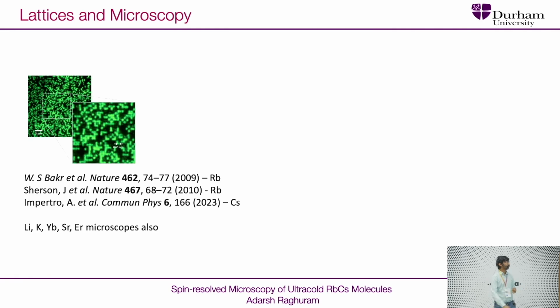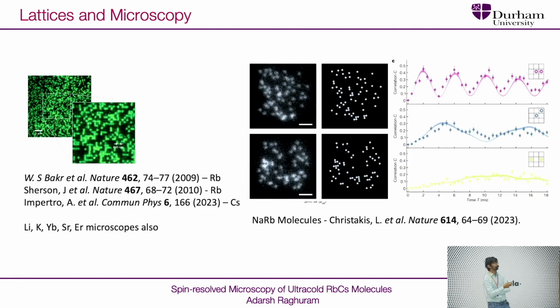This has previously been done in Waseem Bakr's group at Princeton, where they have sodium rubidium molecules loaded in a lattice and do microscopy by separating the molecules and imaging the rubidium. With their lattice reconstruction, they've managed to see correlations, and depending on how far apart your molecules are, you can see different correlations.